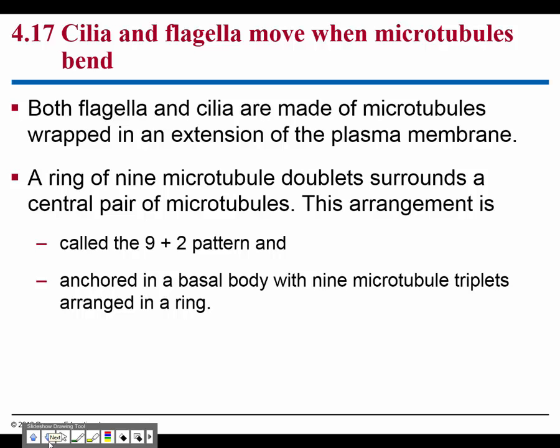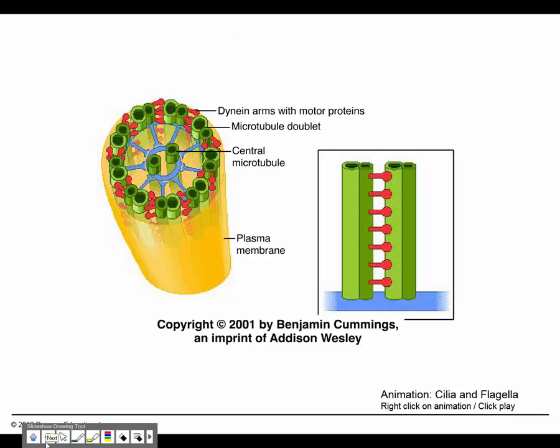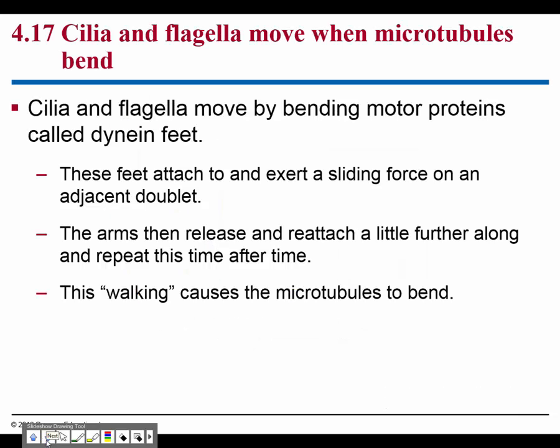So if we went back to our picture, we'd see that 9-2 pattern, and this is common throughout all cilia and flagella. And then they're anchored in the basal body with 9 microtubule triplets. Okay, so there's your flagella, or singular flagellum. I'm going to pass through that. Sorry, forgot to delete that slide for online.